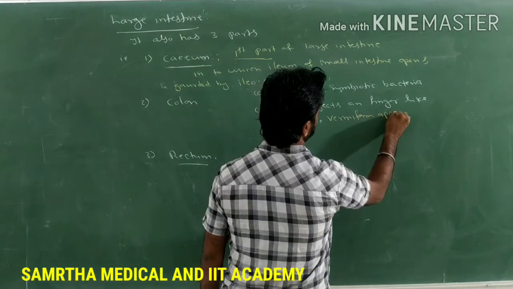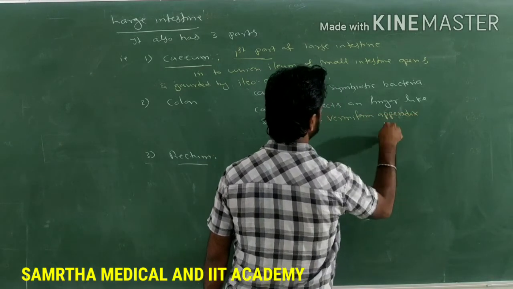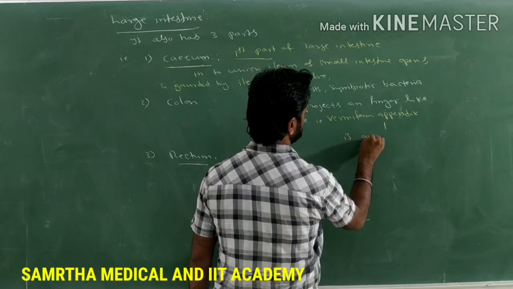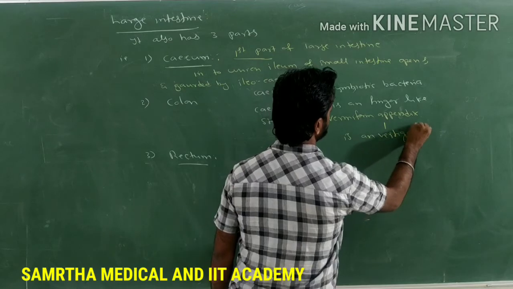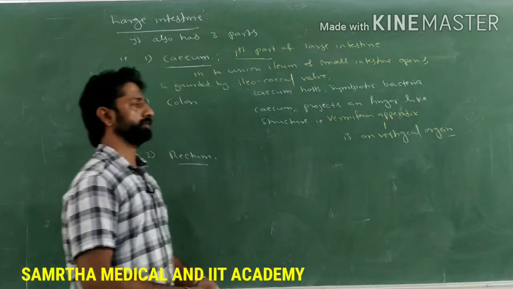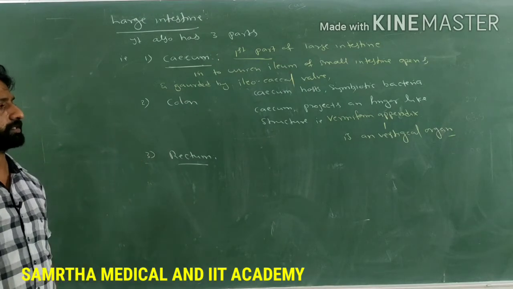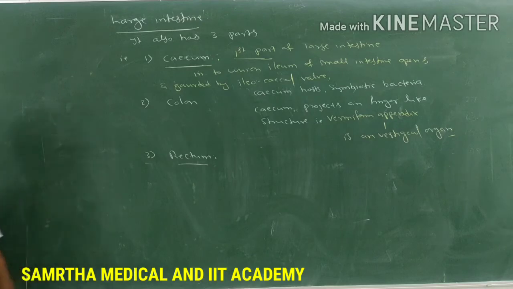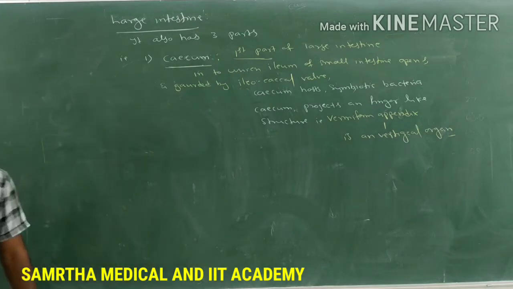And this vermiform appendix is a vestigial organ in humans. So there is no use of the vermiform appendix in human beings, so it is considered a vestigial organ. So next is the colon and then the rectum.